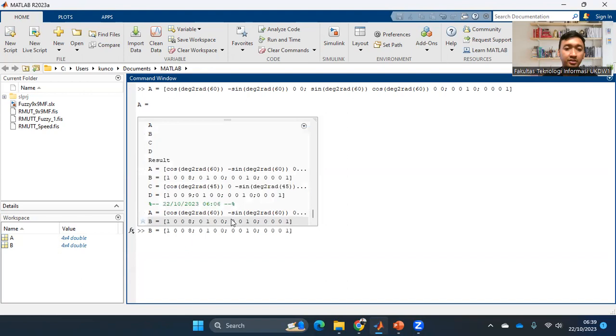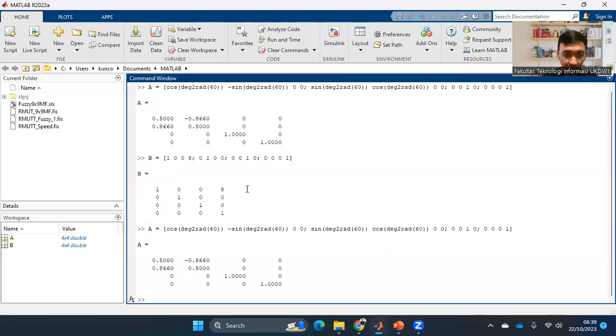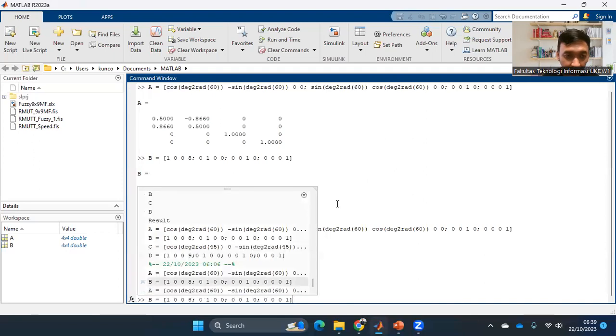And for rotation in C, rotation Y in 45. Oh, sorry, this is A, I forgot.